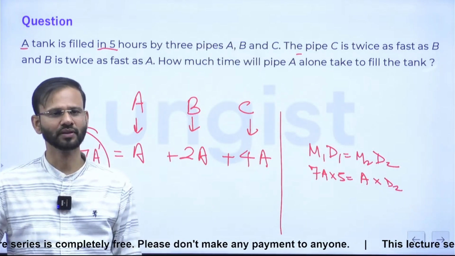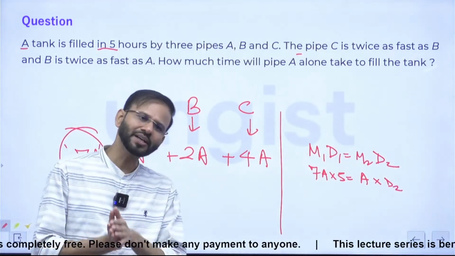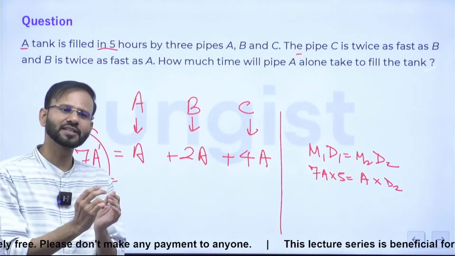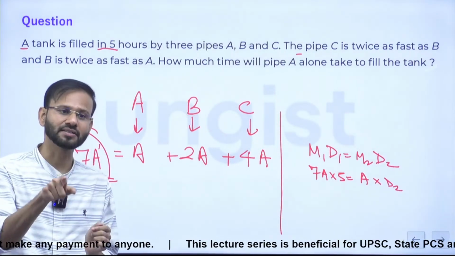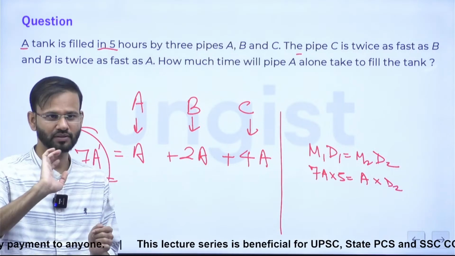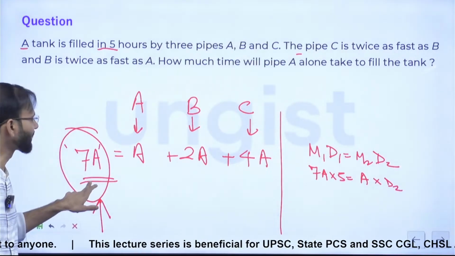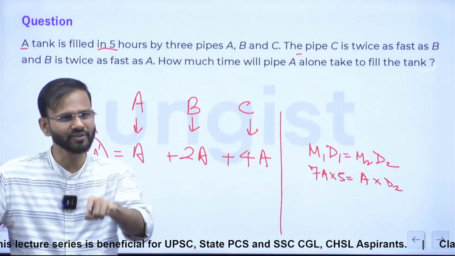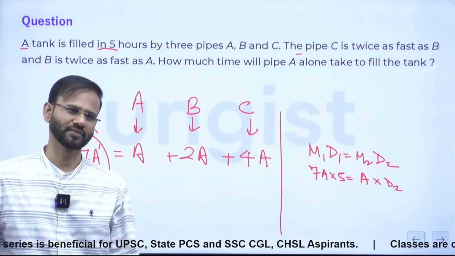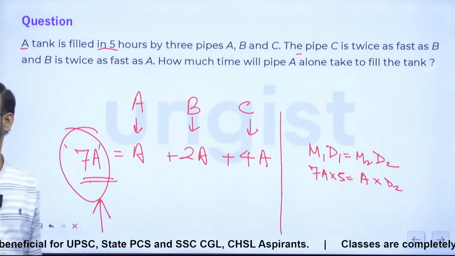Just think on it. When twice of A is working, suppose it takes 4 hours to fill the tank. So when only A is working, it will take 8 hours, 4 into 2. Here 7A is working and takes 5 hours, so when only A is working, it will take 5 into 7 hours.